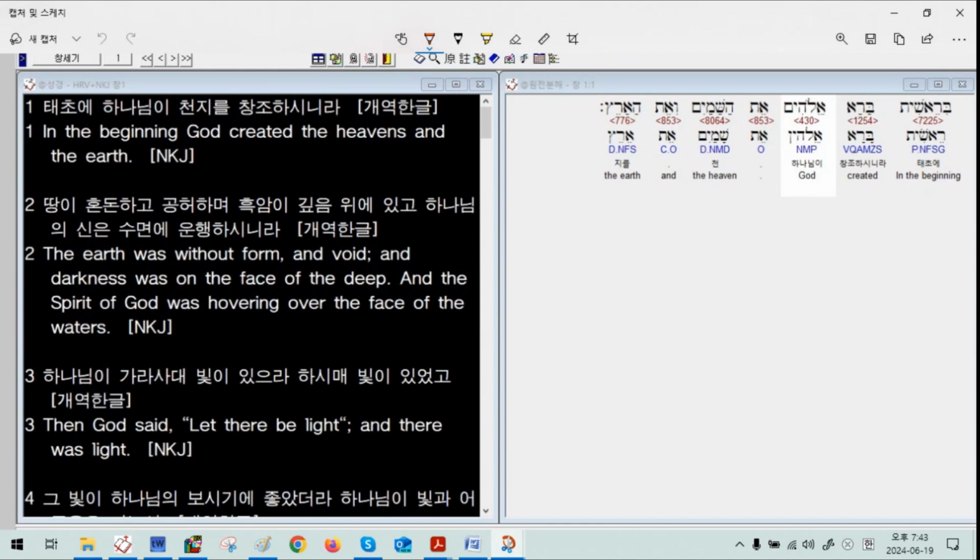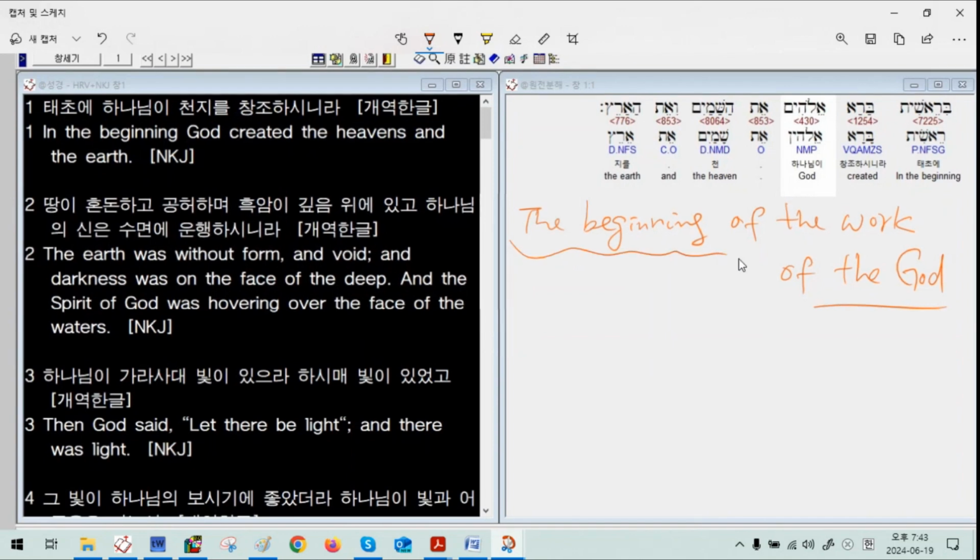And then Genesis chapter 1, verse 1 is talking about the beginning, right? The beginning of the work of the God, right? And then that beginning starts where? Bereshit, which is "in my sealed head," right?